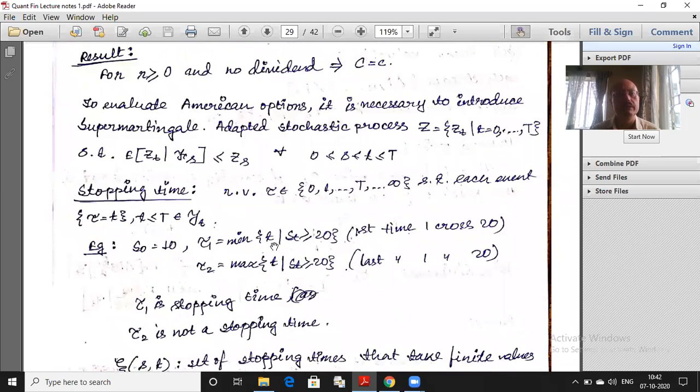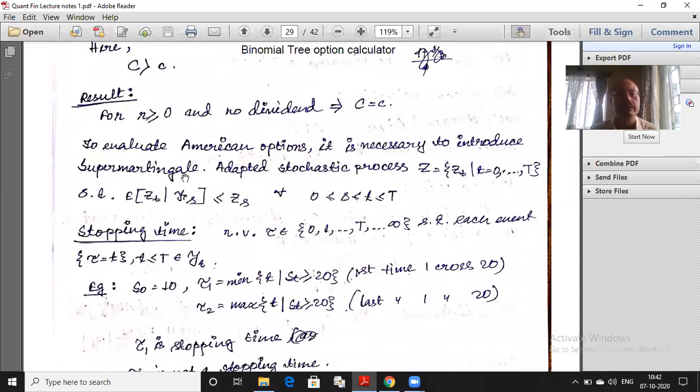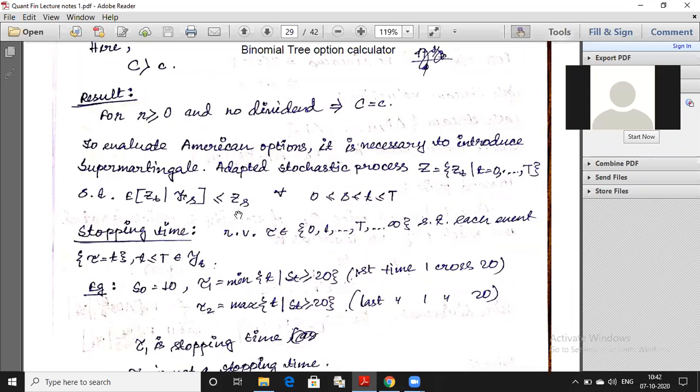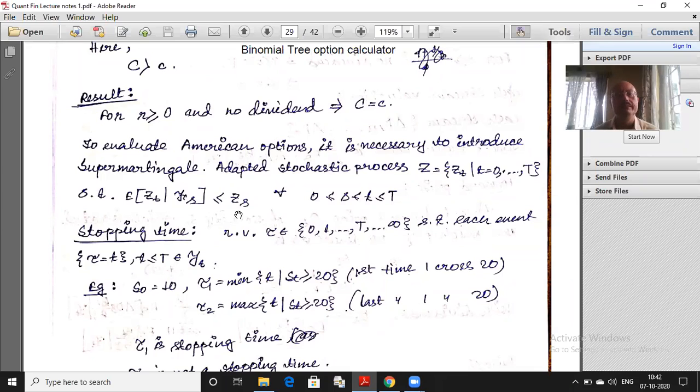One concept we discussed yesterday was about the super martingale, which is a particular stochastic process which is FT adapted and which has conditional expectation less than or equal to the current value. So it's an extension of the martingale idea on the less than or equal to side. Why is this relevant? We will see.